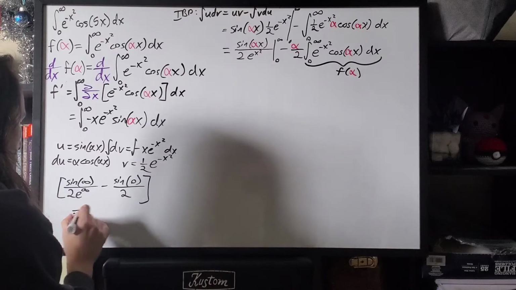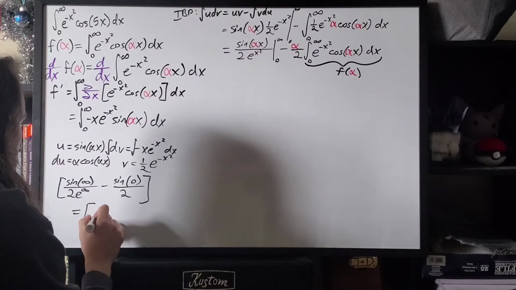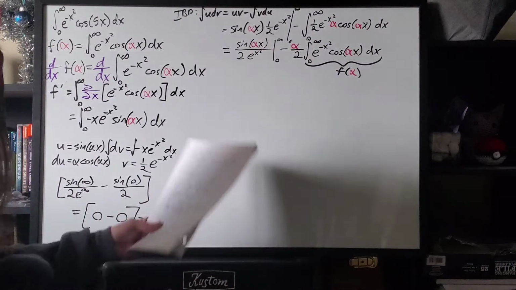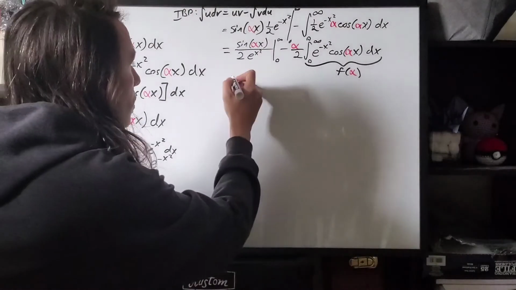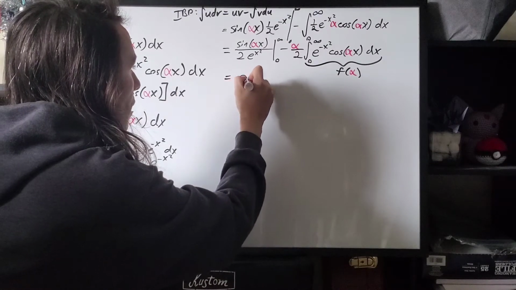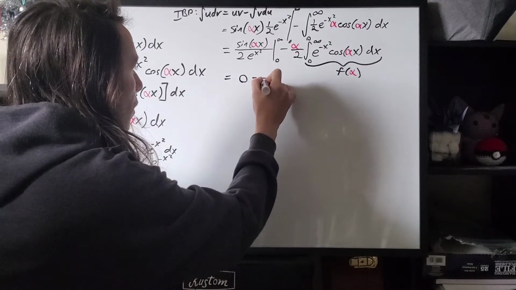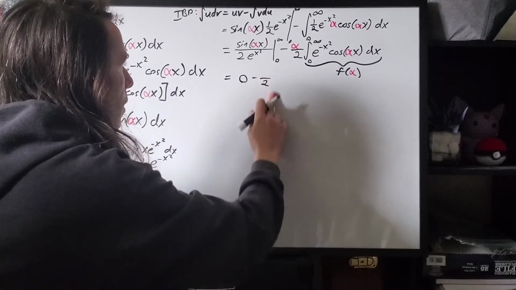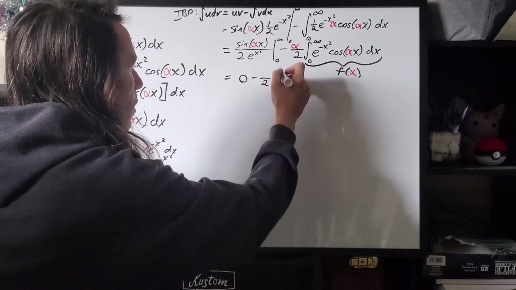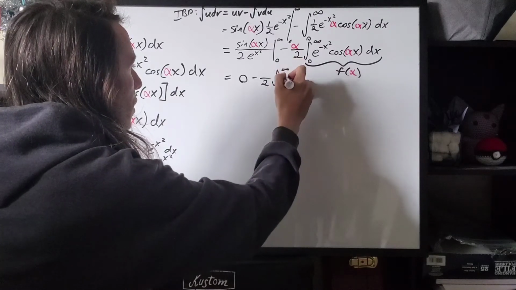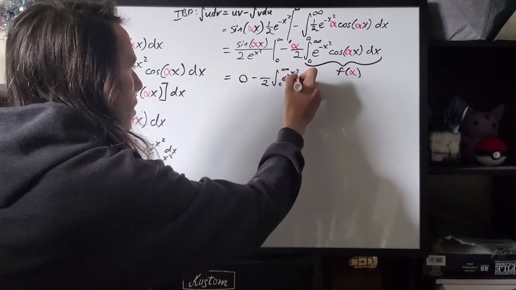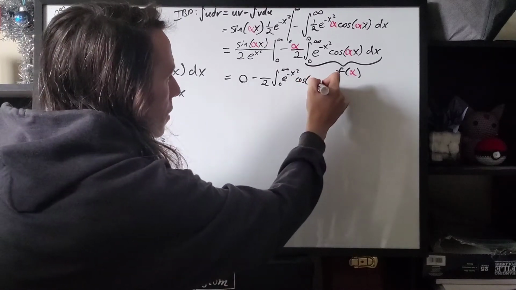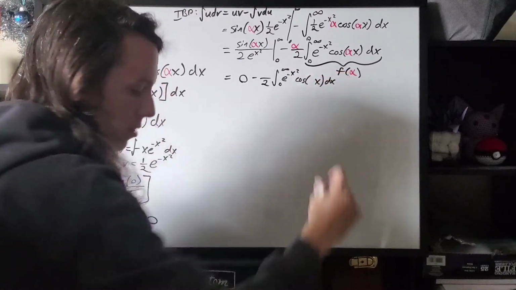That equals 0 minus 0, which equals 0. So that's beautiful. A little further, then we've got 0 minus alpha over 2 integral from 0 to infinity of e to the negative x squared cosine alpha x dx, which is our original function.